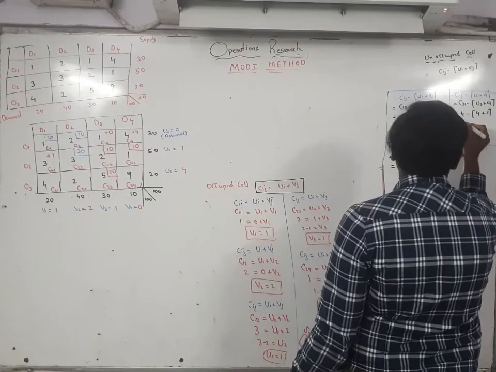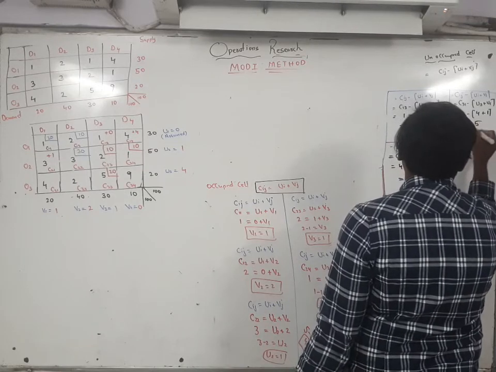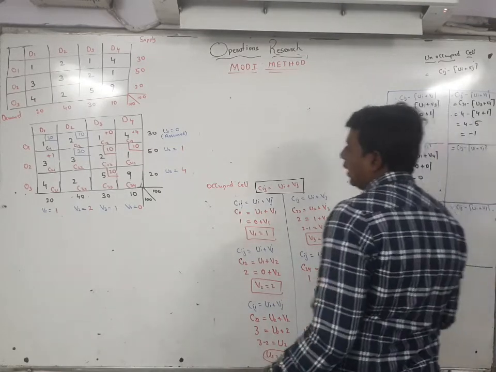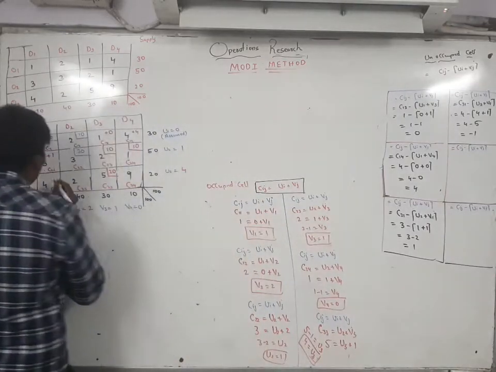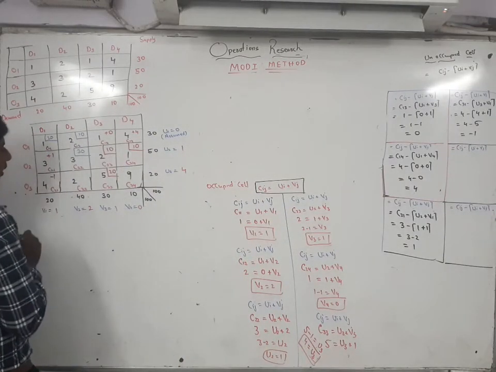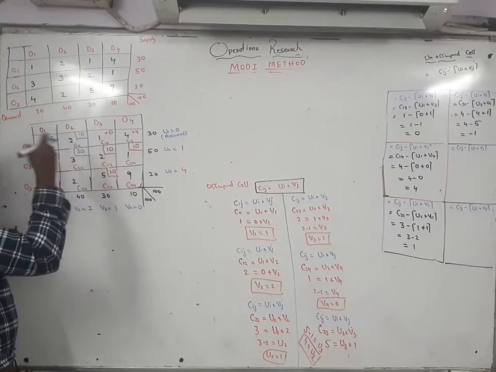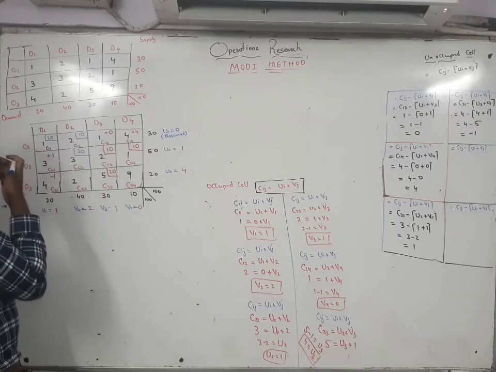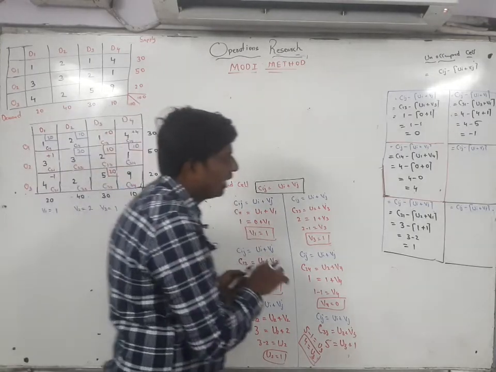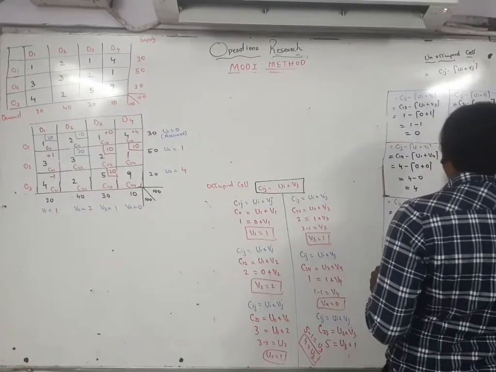So here maybe you are getting negative. So this is minus 1. In unoccupied, if you are getting a negative value, it means again you have to repeat the procedure. Let's see how many negative values you will get. You got 1 negative value.